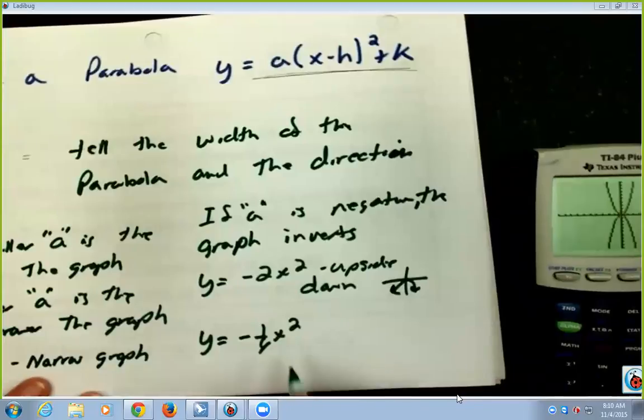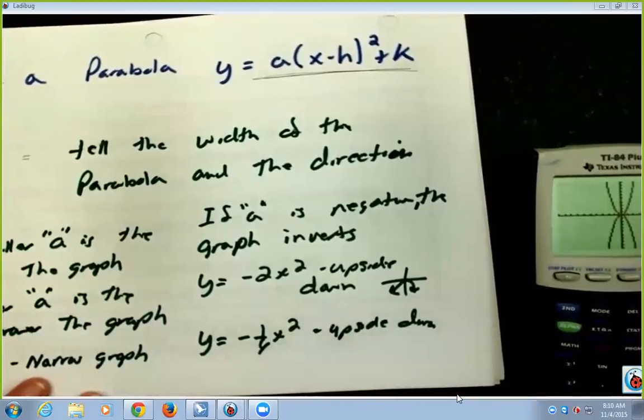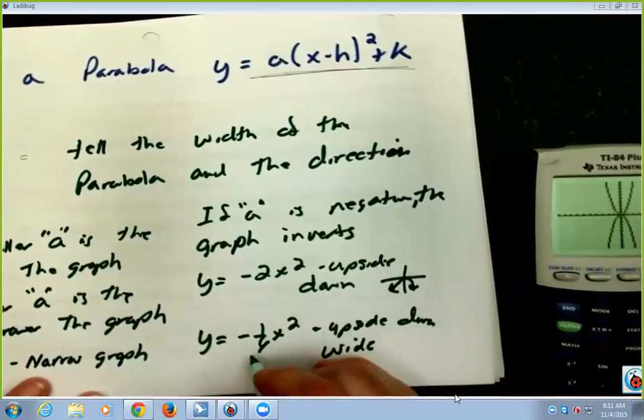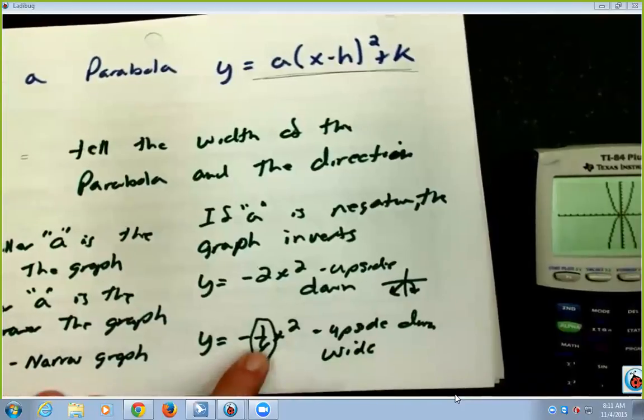What's happening? Upside down. And it's going to be narrow or wide? Wide. Wide because it's a quarter. Okay. That is a fractional piece, so it's smaller. So you're getting a smaller piece in here than your other one.